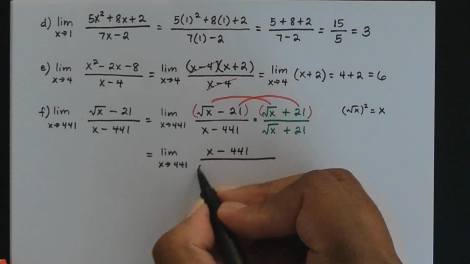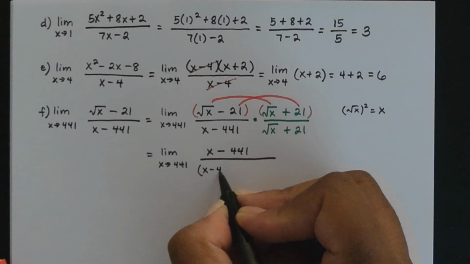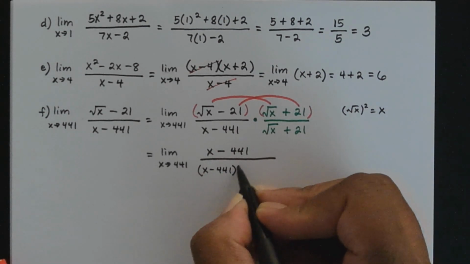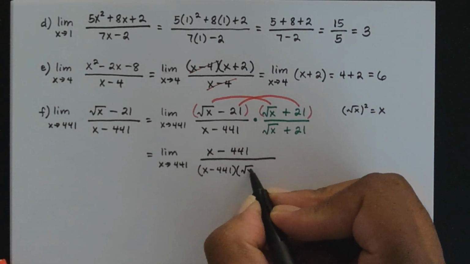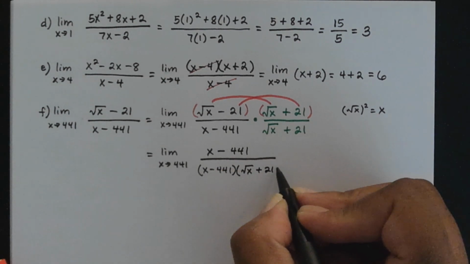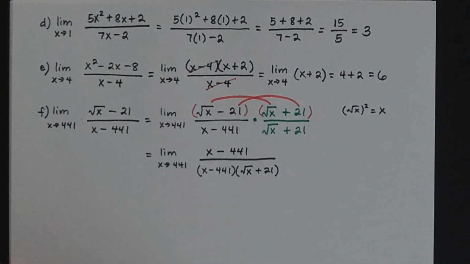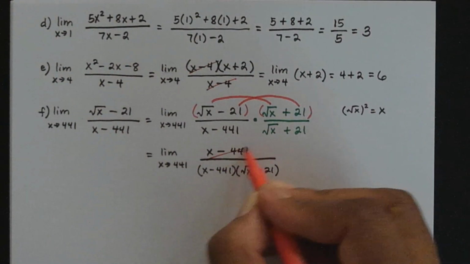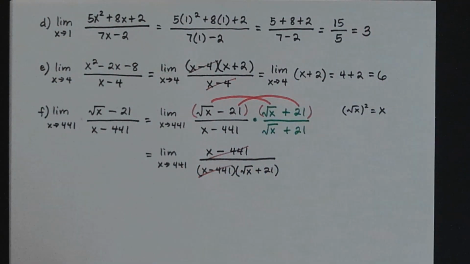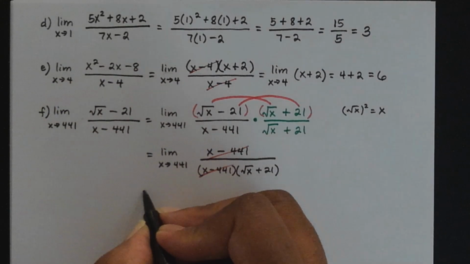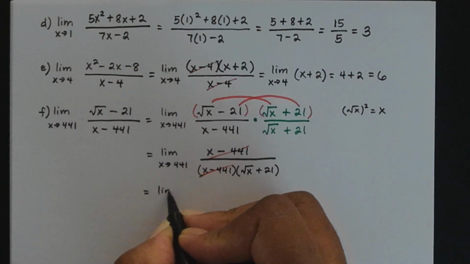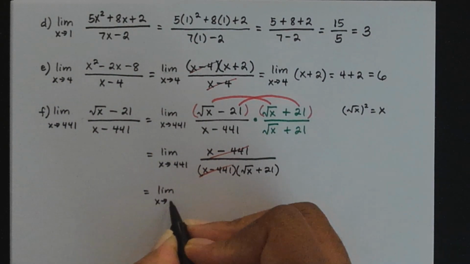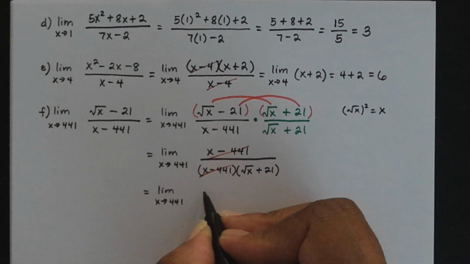This will be divided by, and I'm going to put the x minus 441 in parentheses, and the square root of x plus 21 also in parentheses. So now you can see here that x minus 441 divides out. So that means I have a limit as x approaches 441.